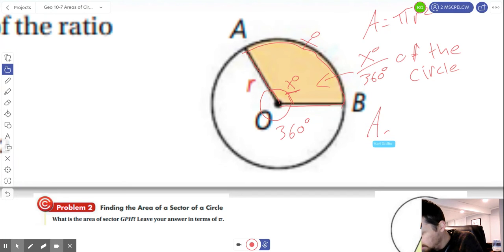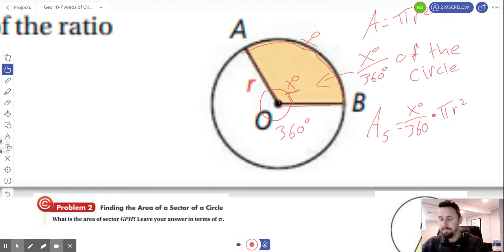So the area of the sector is going to be x degrees over 360 times pi r squared. And that'll give you the area of the sector, just like that.